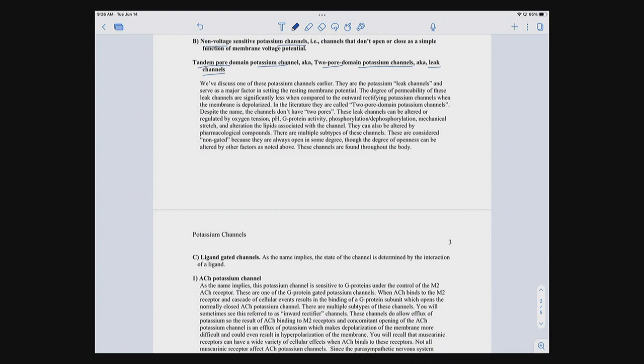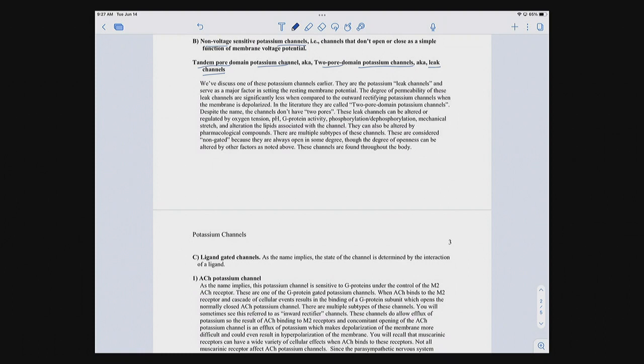So when one of those voltage-sensitive potassium channels opens up, you have much more potassium flowing through per unit time, a significantly greater current than you would have with potassium passing through these leak channels. Hence, that's why they call them leak channels, because they just slowly leak out. But over time, it has a great influence on the theoretical resting membrane potential.